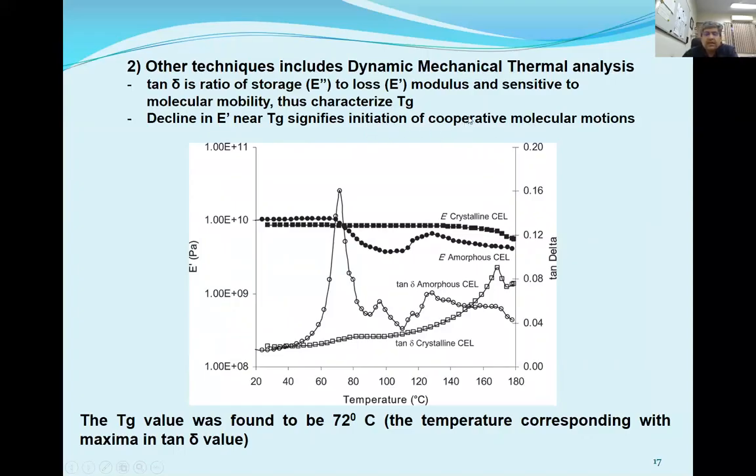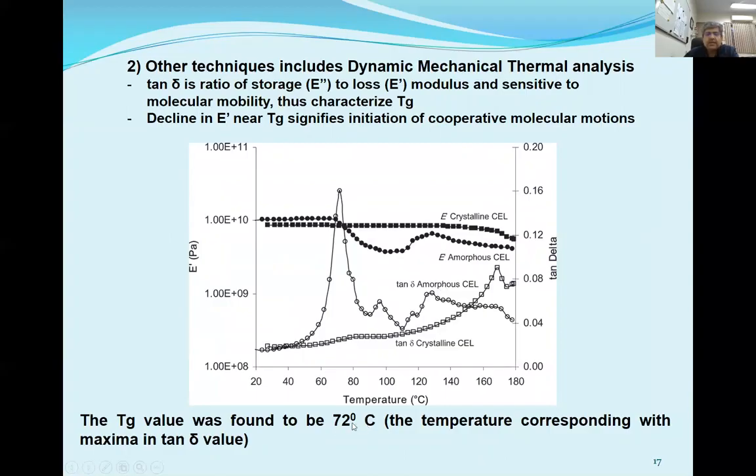What we are trying to highlight here is the glass transition temperature that you get using dynamic mechanical thermal analysis for amorphous celecoxib. So this is the crystalline celecoxib and this is the amorphous celecoxib. It is occurring at a value of 72 degrees Celsius.